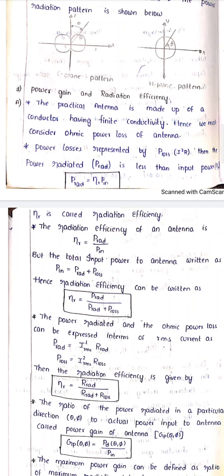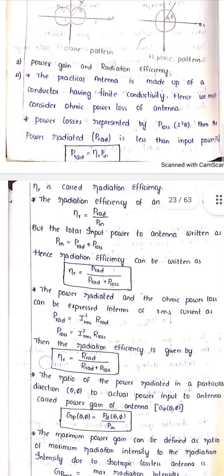The total power input is equal to the power radiated plus the power loss.